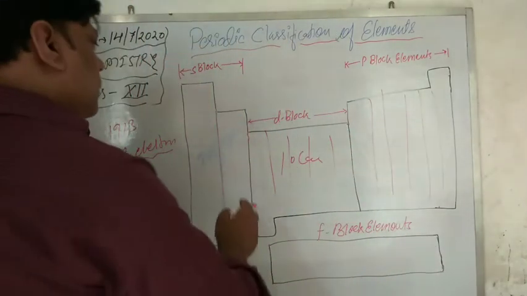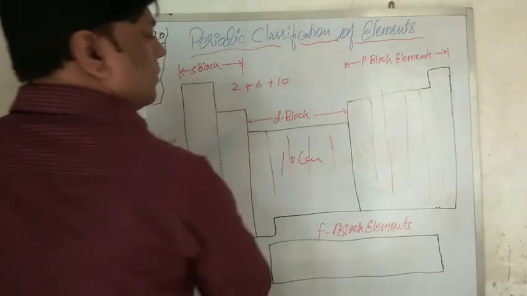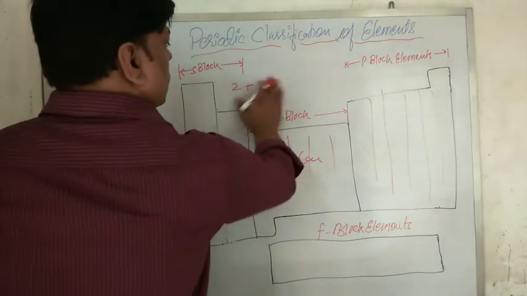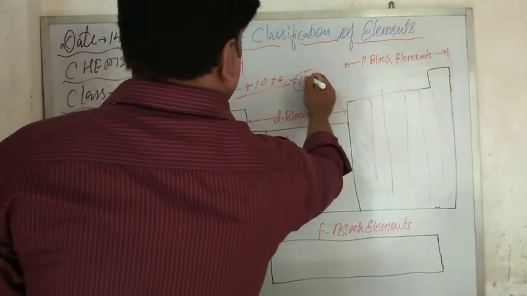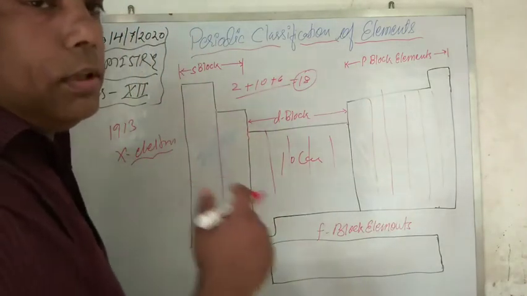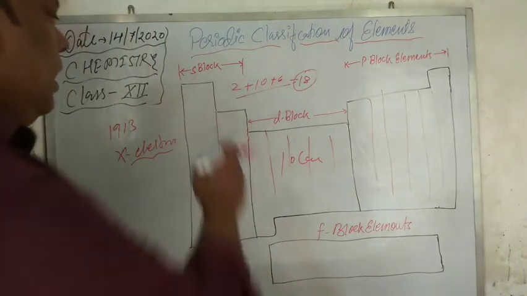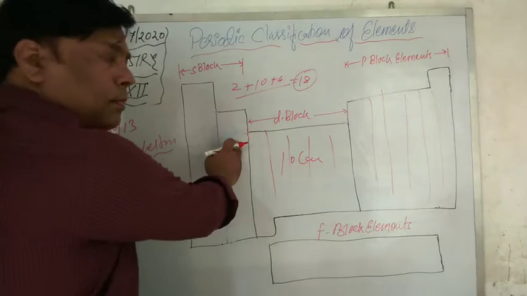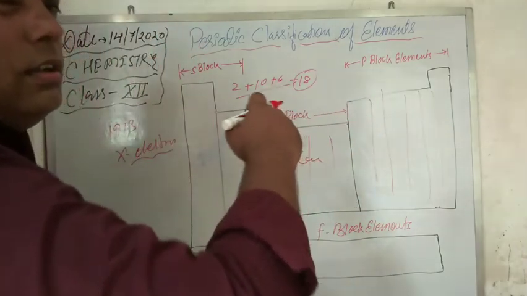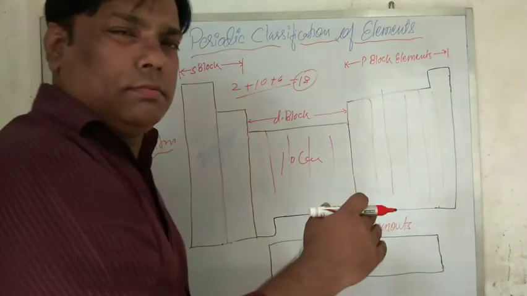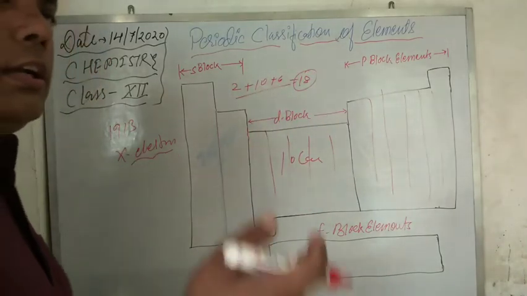So 2 plus 10 plus 6, there are total 18 columns in the modern periodic table, and these 18 columns are called groups. Alkali group, alkaline group, transition metals, noble gases, halogen family, right? So there are 18 groups in the periodic table according to their electronic configuration.